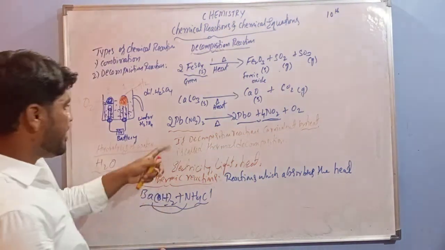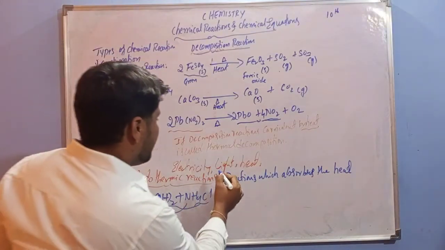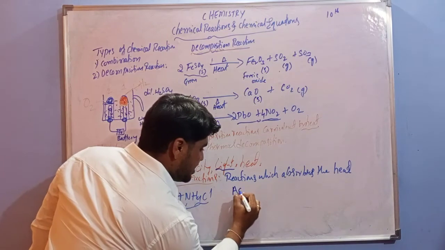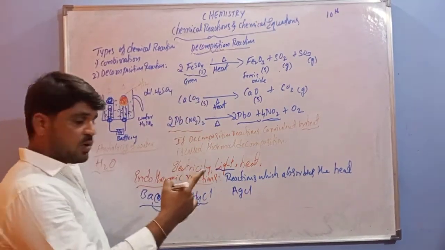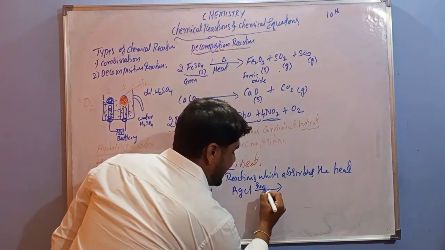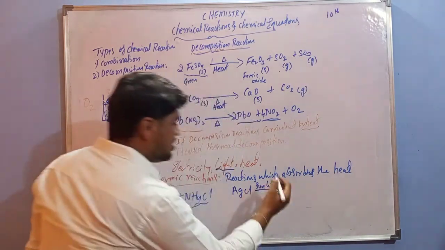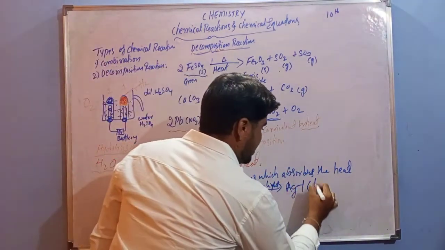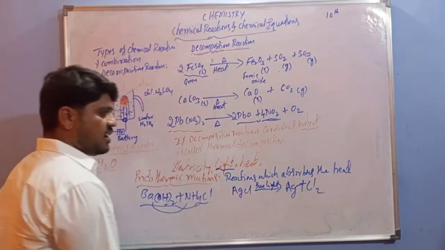Okay. And some more reactions are carried out by light. So they are AgCl, silver chloride. This silver chloride reacts in the presence of sunlight, which gives silver metal and chlorine gas. Is it balanced or not?